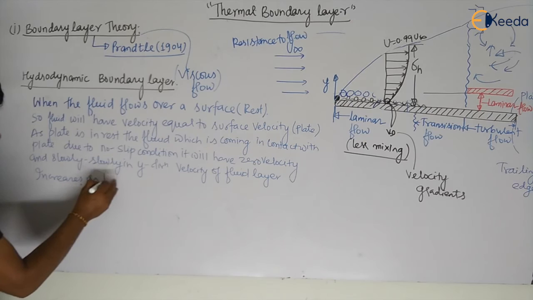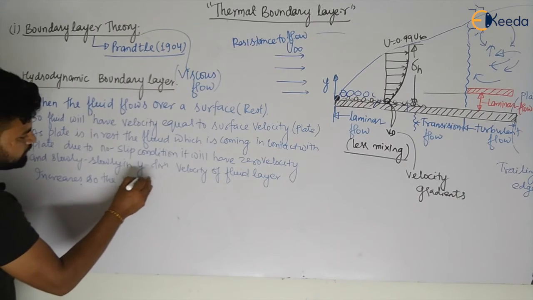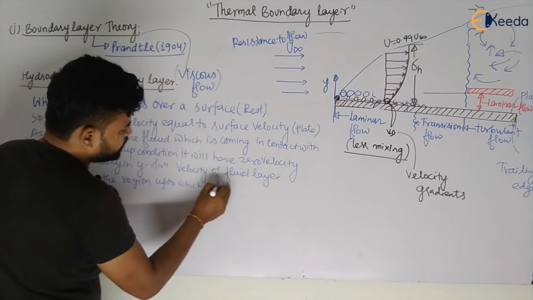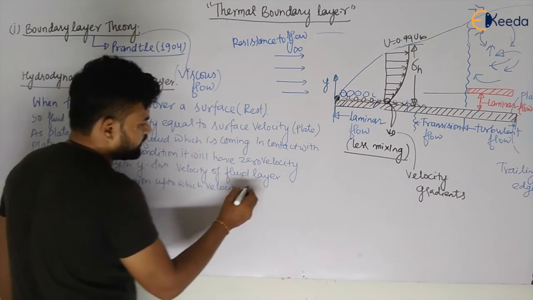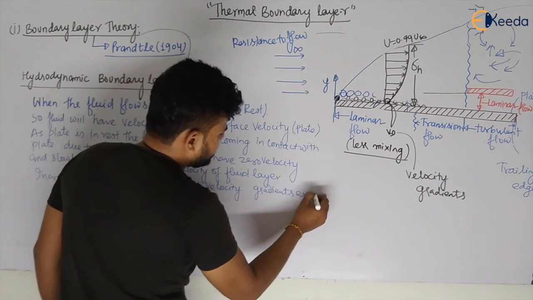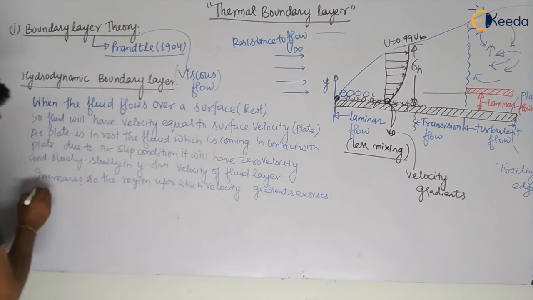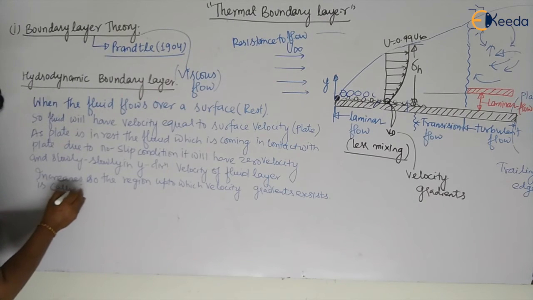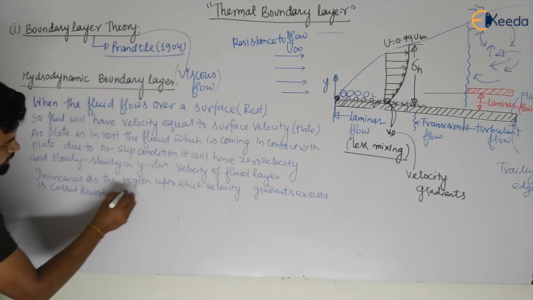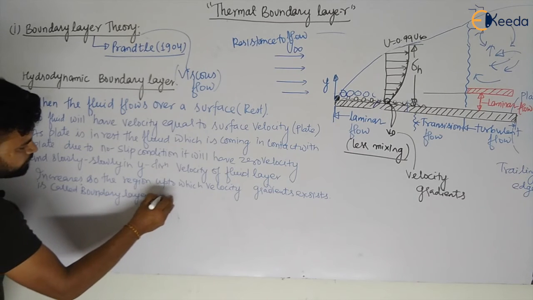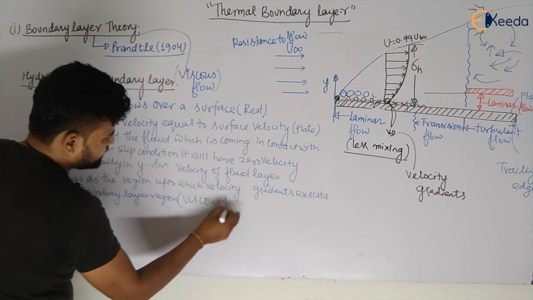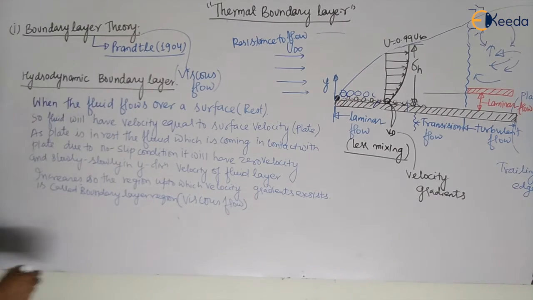So the region up to which velocity gradients exist is called your boundary layer region, and that is happening because of the viscous flow of the fluid, which is having some velocity, my dear students.